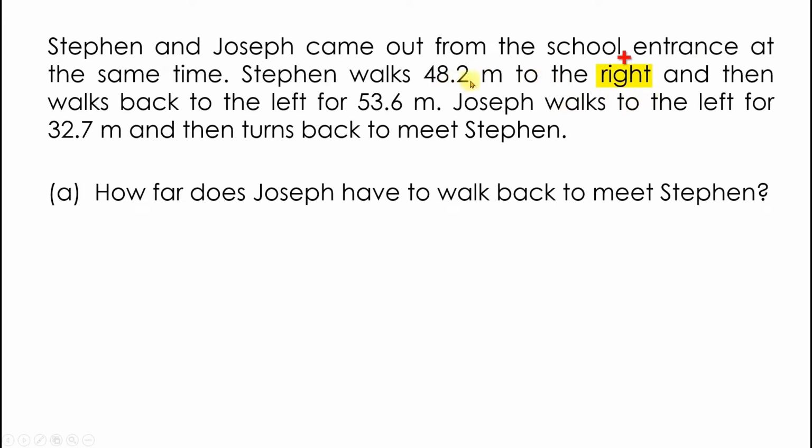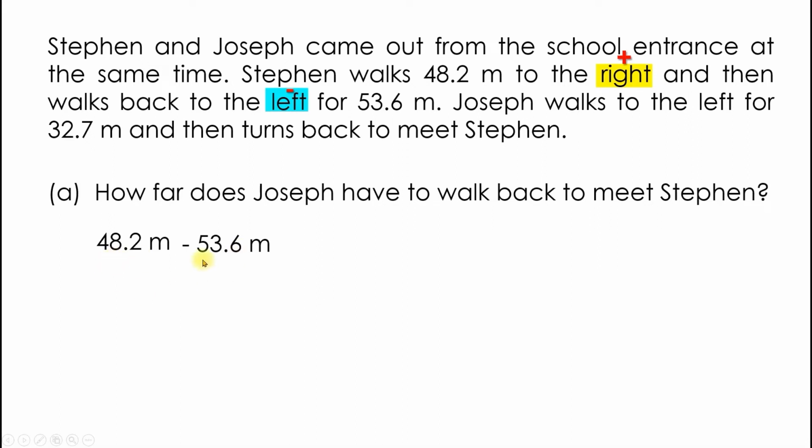So that means 48.2 meters to the right would result in a positive 48.2 meters, and left would represent a negative value. So that would mean that 53.6 meters, I will have to write over here as a negative value.